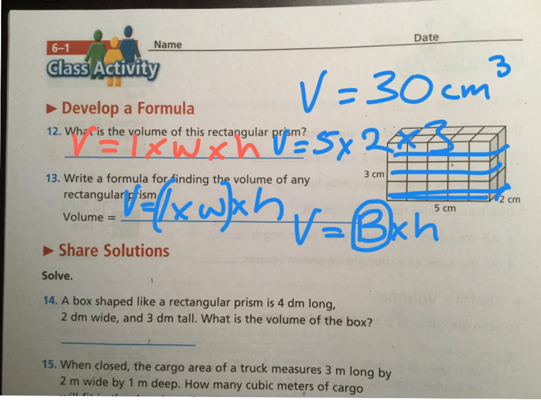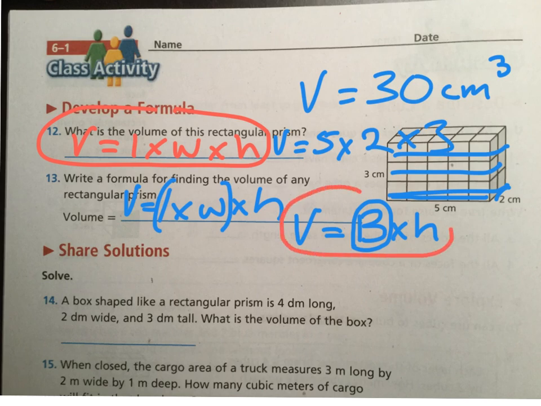Okay, so you're going to see it two ways. You're going to see a volume formula like this, length times width times height, and you will also see volume as this, base times height, because sometimes they'll tell you, for example, let's look at number 14 right here. A box shaped like a rectangular prism is 4 decimeters long, 2 decimeters wide, and 3 decimeters tall. If I asked you not just what the volume is, what's the area of the base, we would look at 4 decimeters long and 2 decimeters wide, length and width.